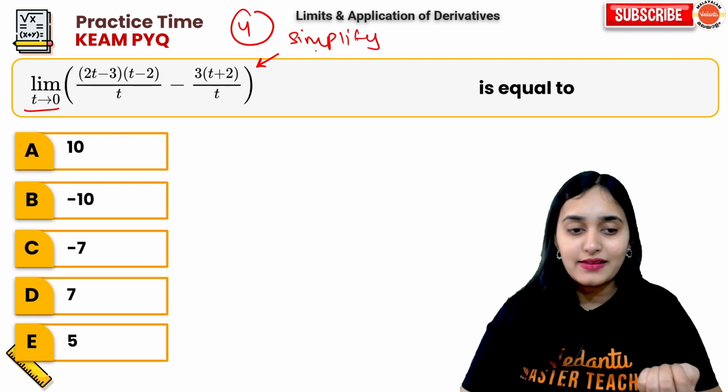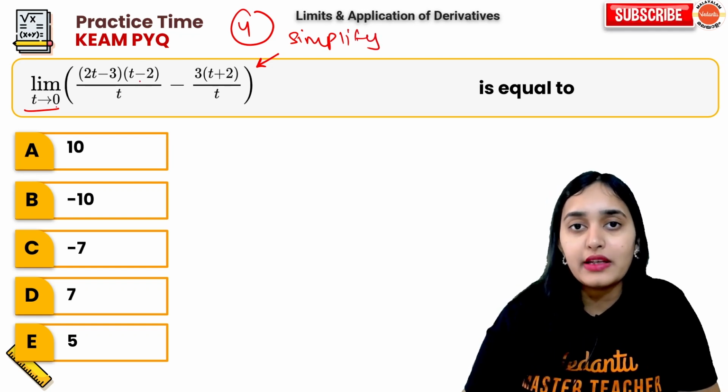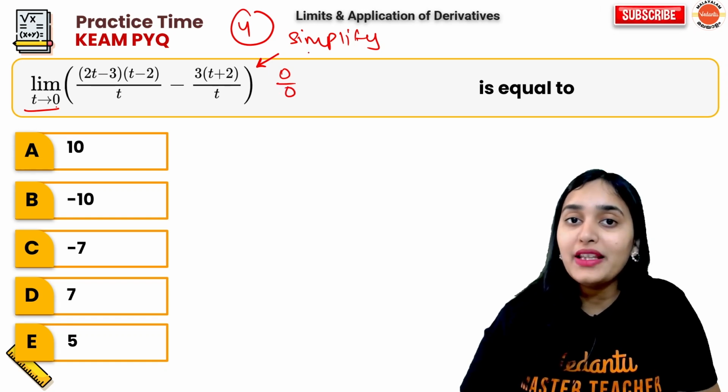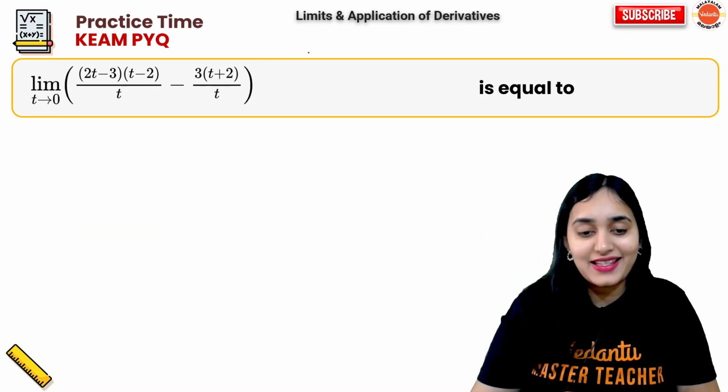So what happens is sometimes if you put t is equal to 0 here, you will get 0 by 0 format. But if you open the bracket, things may change. Let's have a look.